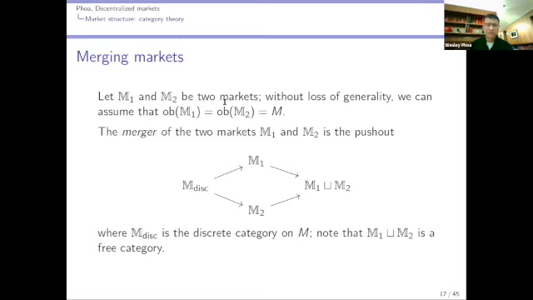There's also some useful definitions as well. Here's a simple one: if you've got two markets which share the same assets, the same objects, like two different equity trading venues, then it's straightforward to define the merger of those markets as a pushout, and you can compare the behavior of the two markets to the single merged market.